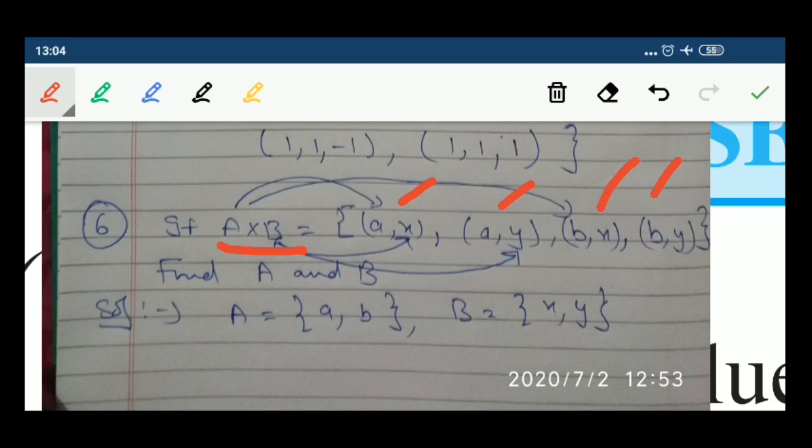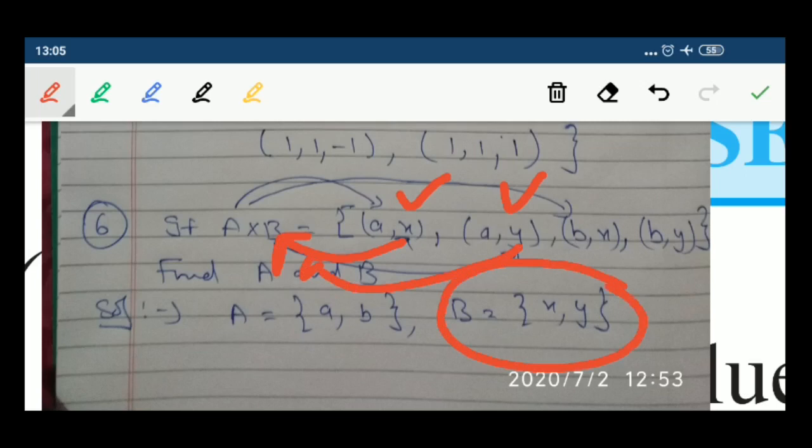And remember students, the element at the first position in an ordered pair, suppose A and B, both belong to A. Both elements belong to A. So therefore the elements of A are A, B. And we know that the elements placed at the second position in an ordered pair, like X and Y, both belong to B. So therefore the set B contains X and Y.